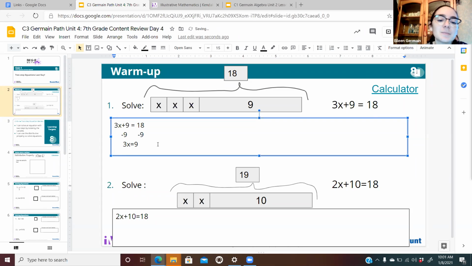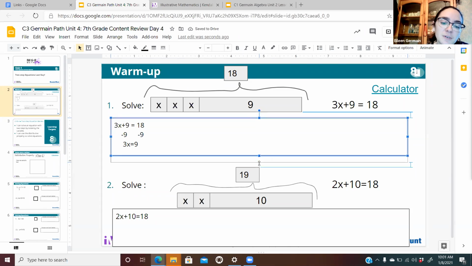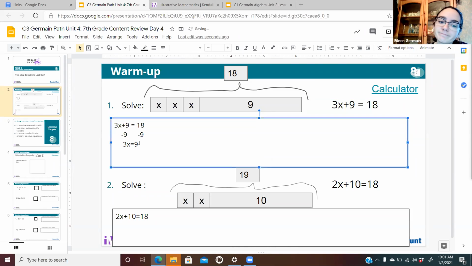Now, what's my next step to get the x by itself? What do I have to do to each side? Very good, Jaden Ramos. Very good, Avery. Very good, Bridget. We're going to divide by 3 on each side because this 3 is attached to the x through multiplication. Even though there's no symbol there, we know it's attached through multiplication. To undo multiplication, you need to divide by 3 on each side.